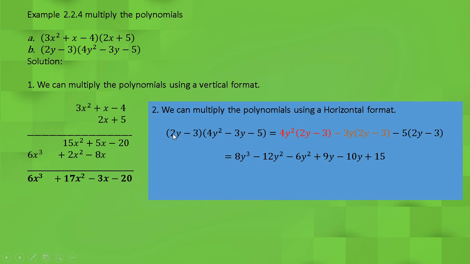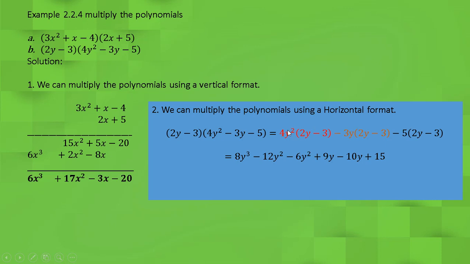But you can use 2y minus 3 times 4y squared, distributing. So we have 4y squared times 2y minus 3, minus 3y times 2y minus 3, minus 5 times 2y minus 3.